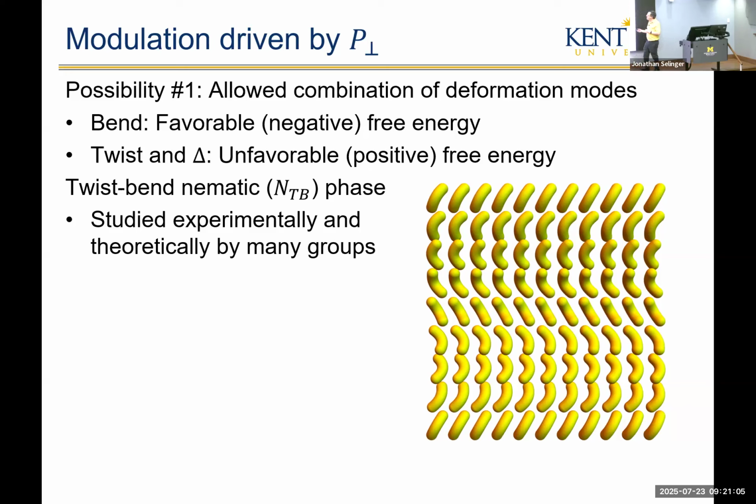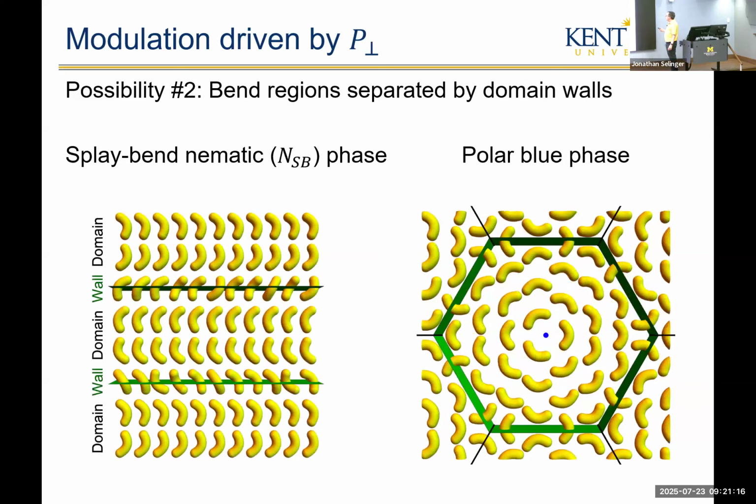That has a combination of bend, which is favorable, and twist and delta, which are both unfavorable, but maybe that works out to be the best on balance. Or you could make something else like a splay bend nematic phase, where you can have regions of almost pure bend separated by domain walls, and then you can get the bend on the next domain.